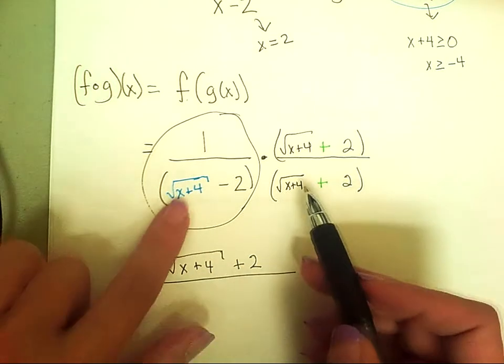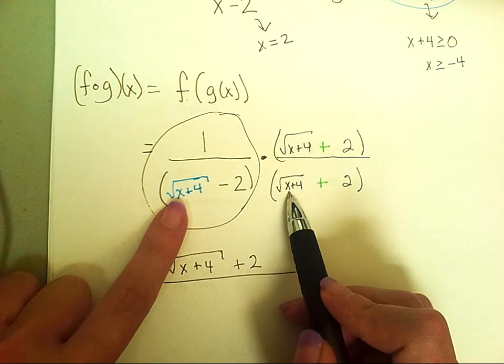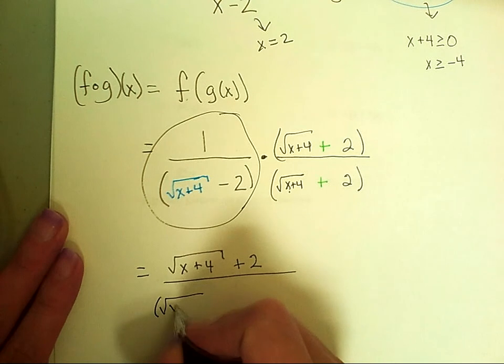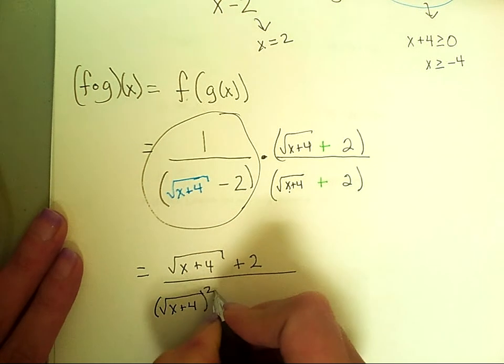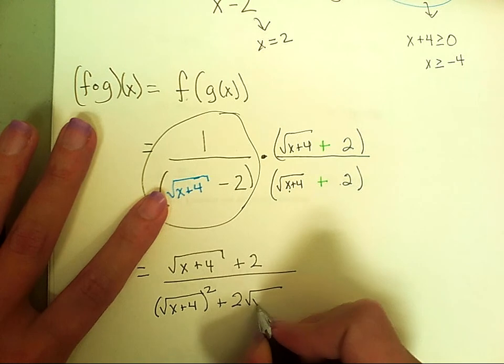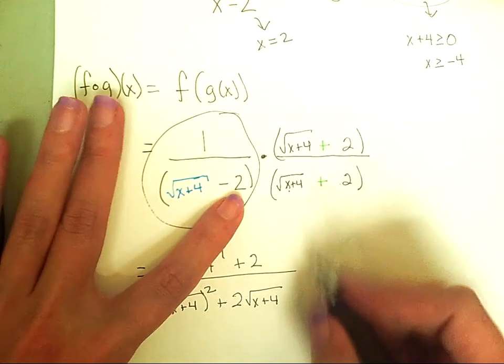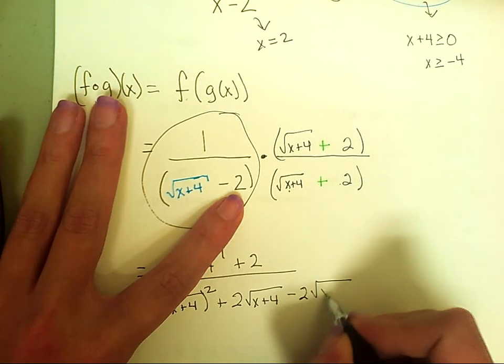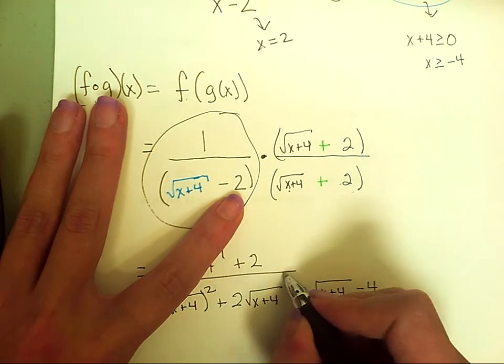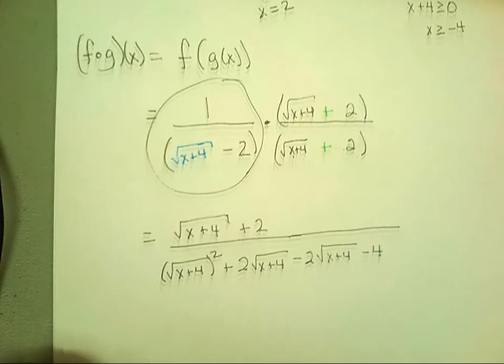Square root of x plus 4 plus 2 over. Now, the square root of x plus 4 times the square root of x plus 4, that's the square root of x plus 4 squared. Then plus 2 times the square root of x plus 4 minus 2 times the square root of x plus 4, and then minus 4.